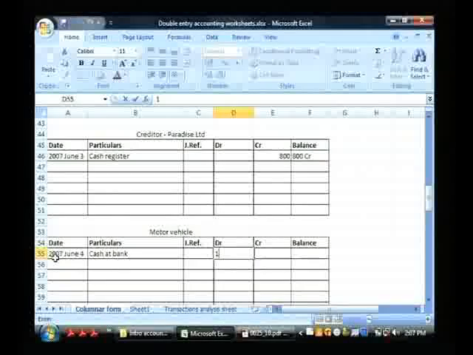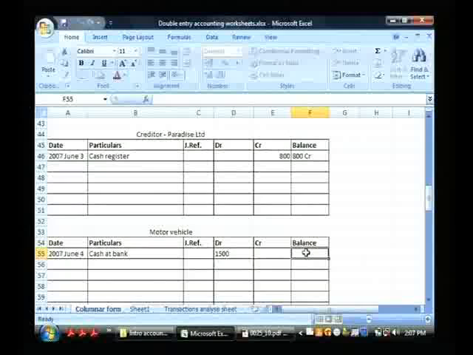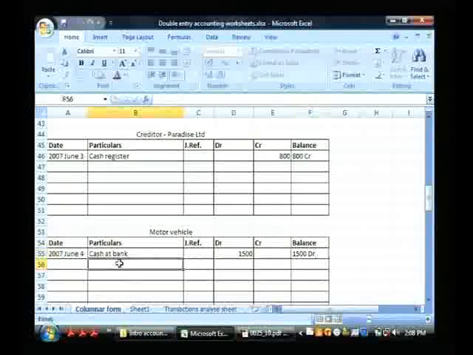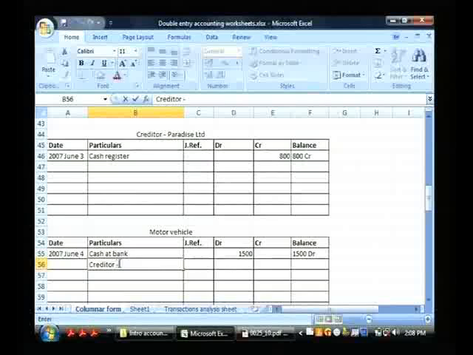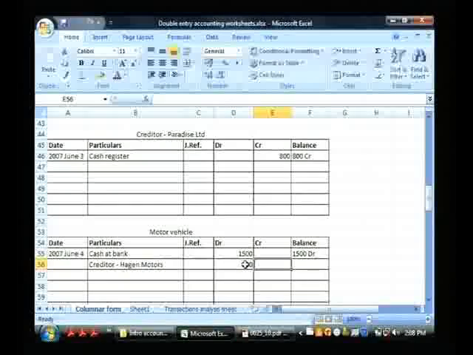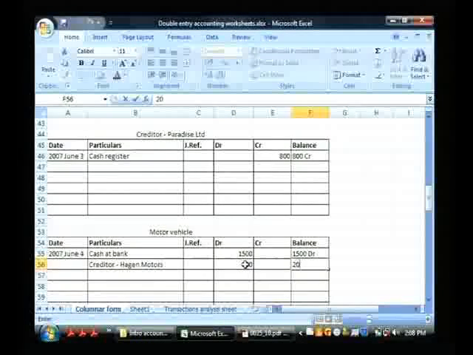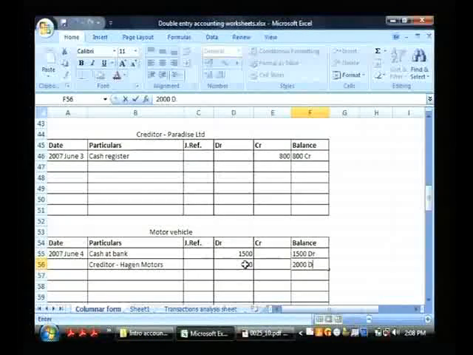Cash at bank, 1500 here, debit, and creditor Hagen Motors, 500, and now total is 2000 debit.